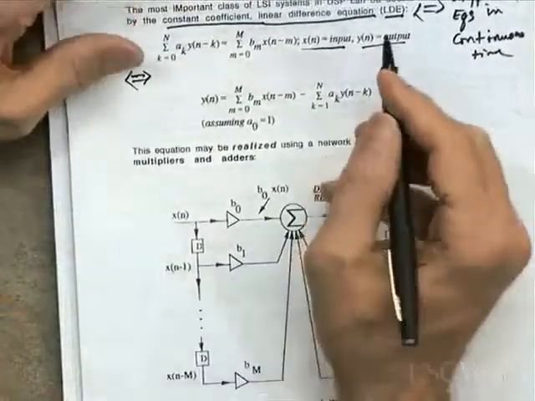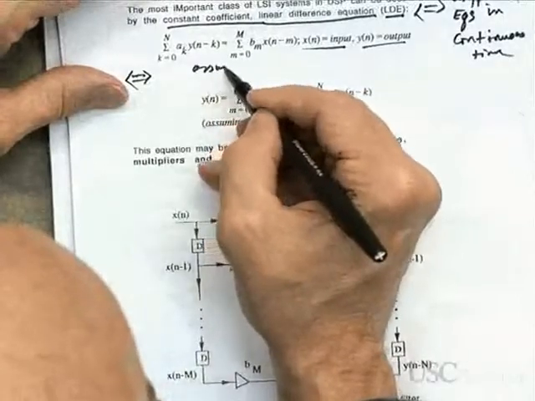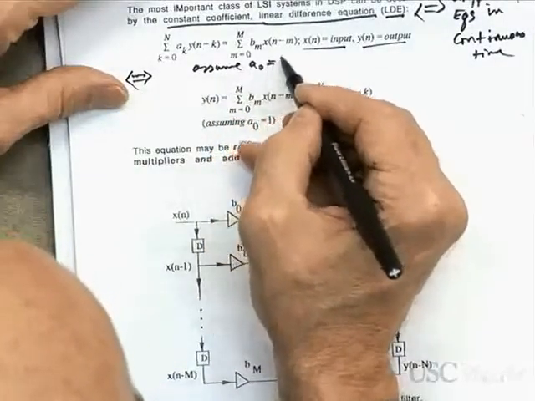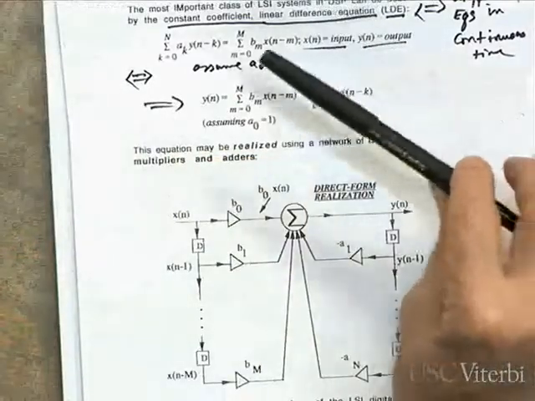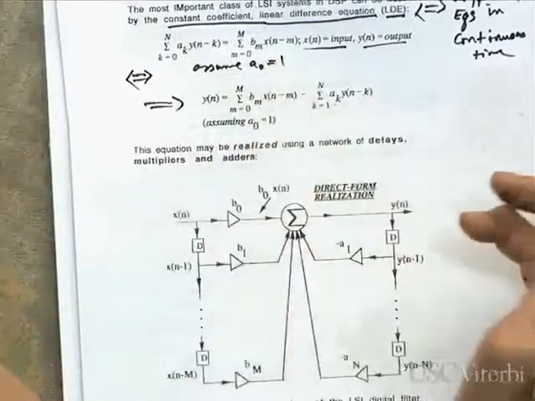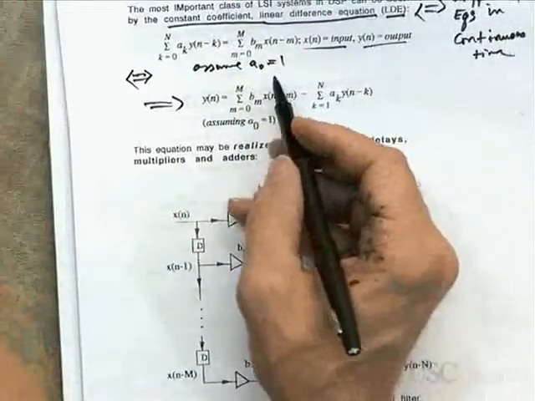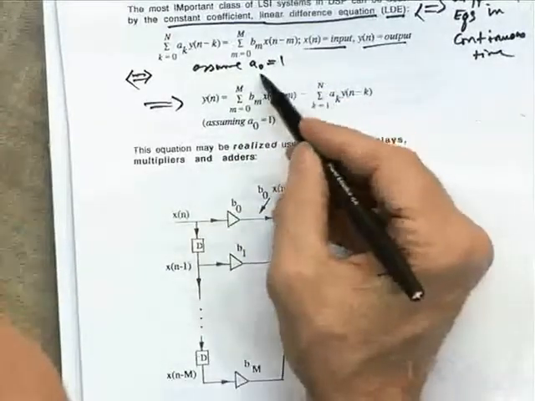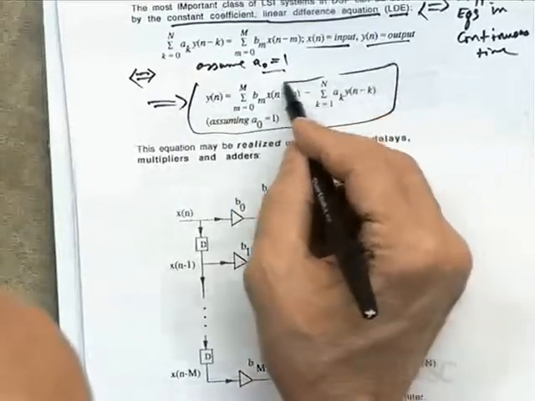Or equivalently, this is normally the form that we use, that a naught is equal to 1. This is without loss of generality. It's simple to include a non-unity a naught, but just for simplicity, we will make a naught 1, and you end up with this difference equation.